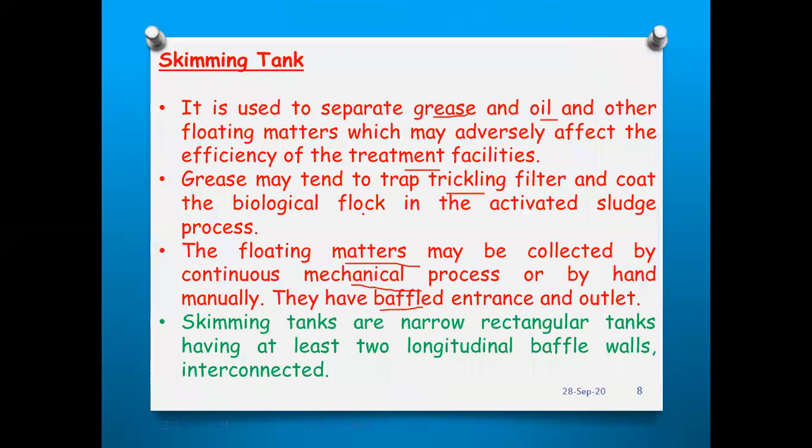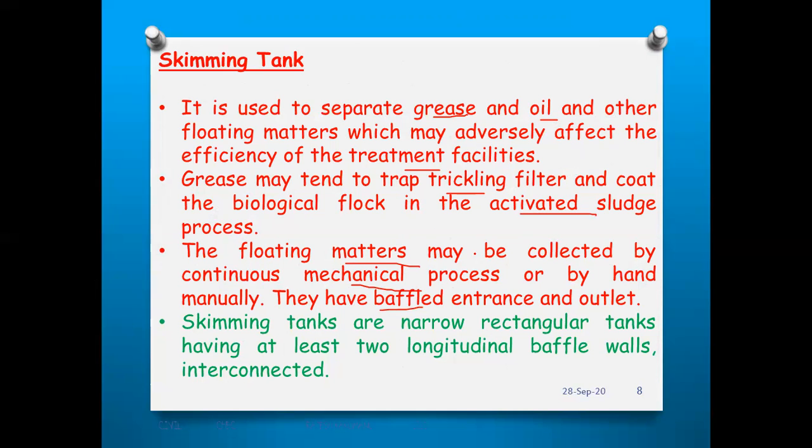Next, it is used to separate grease, oil and other floating matter, which may adversely affect the treatment facilities. The main purpose of the tank is to remove such scum matter from the liquid. The grease may tend to clog the trickling filter and coat the biological flocs in the activated sludge process, which we will discuss in the next treatment process.